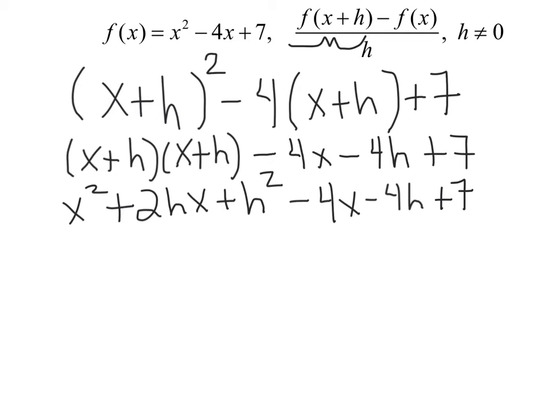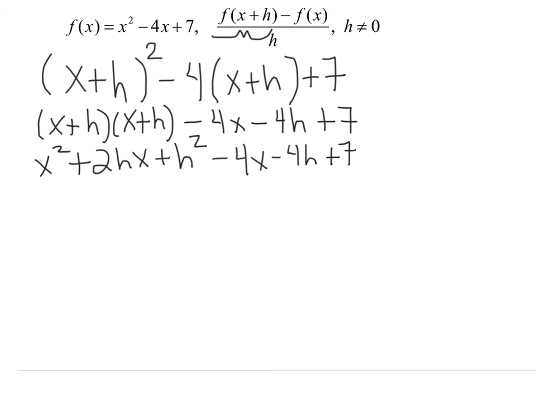And now, since we've only been working with this f of x plus h piece, we now need to subtract f of x. And we know f of x is x squared minus 4x plus 7. So we're going to subtract that off the end. And we have a minus x squared minus 4x plus 7.